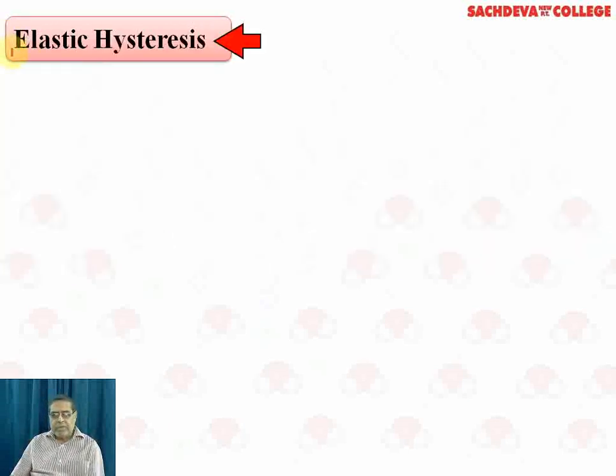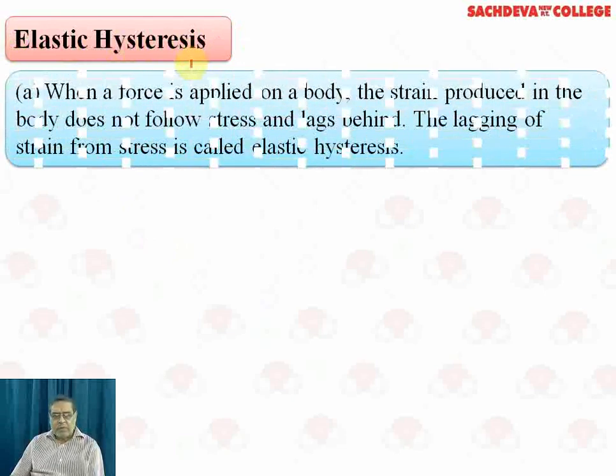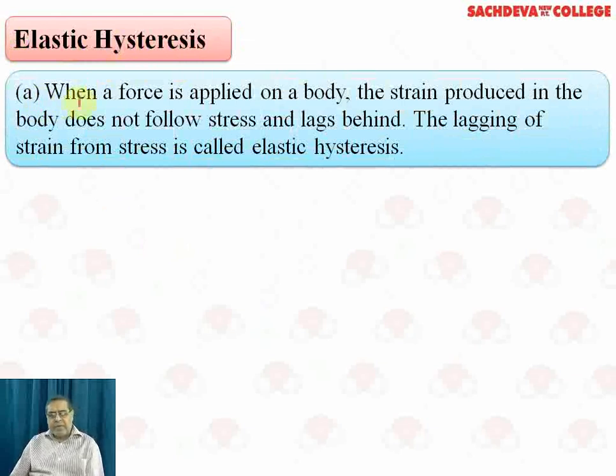Now we come towards elastic hysteresis. What basically is elastic hysteresis? When a force is applied on the body, the strain produced in the body does not follow the stress and lags behind. Stress is there, but the body is not following it, and strain is slightly lagging behind the stress.